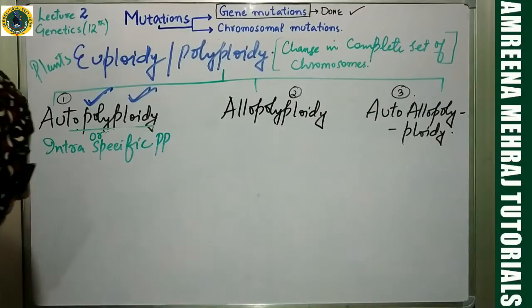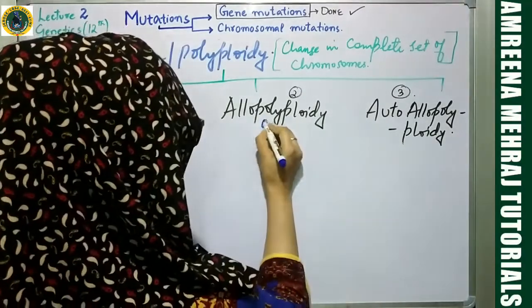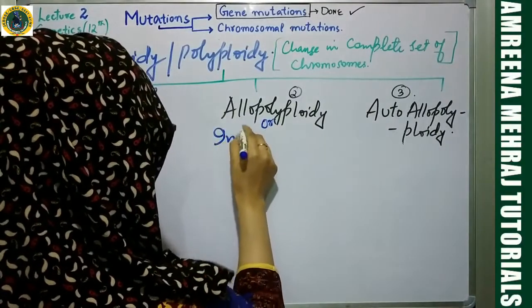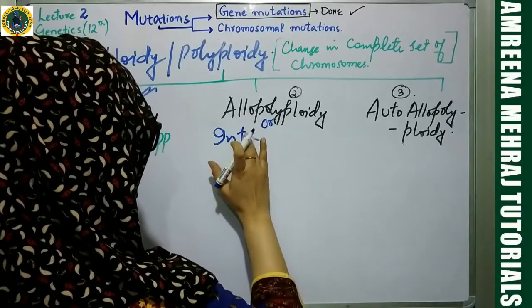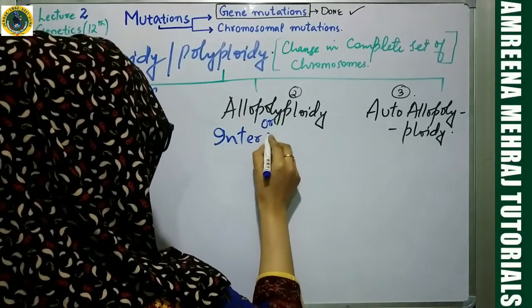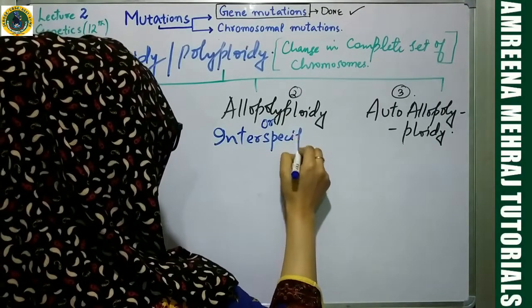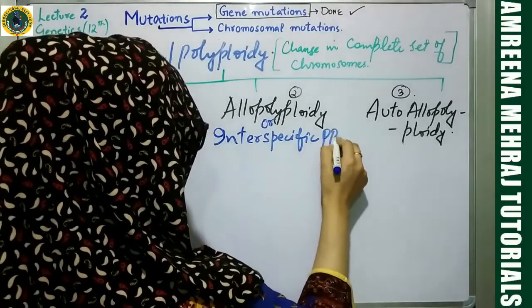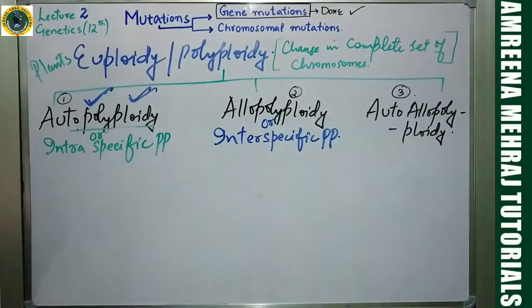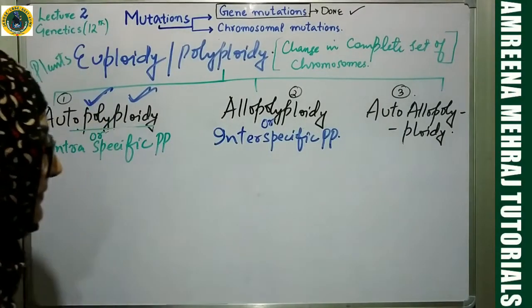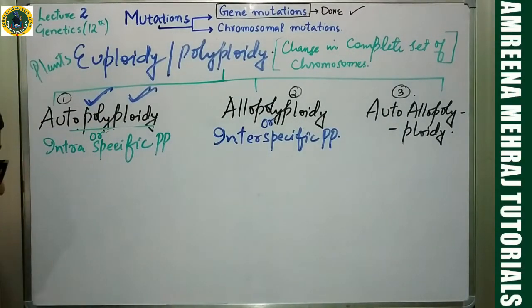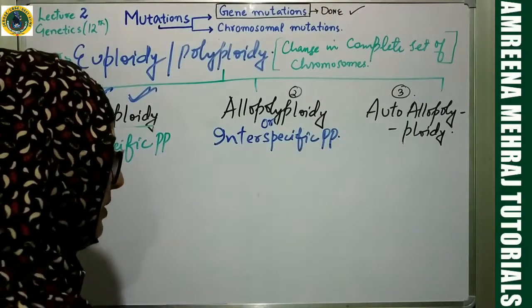intraspecific polyploidy. Okay. Allopolyploidy is also called interspecific polyploidy. What is the information you get from this word interspecific polyploidy? Here you will have two different species involved.